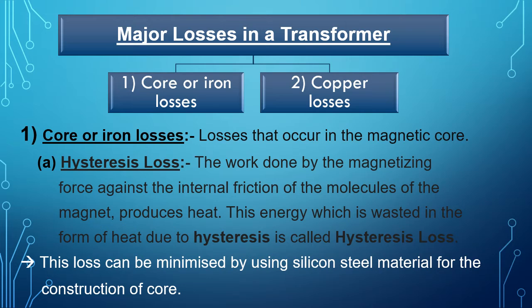The work done by the magnetizing force against the internal friction of the molecules of the magnet produces heat. This energy, which is wasted in the form of heat due to hysteresis, is called hysteresis loss. Here take a note that the loss can be minimized by using silicon steel material for the construction of core.